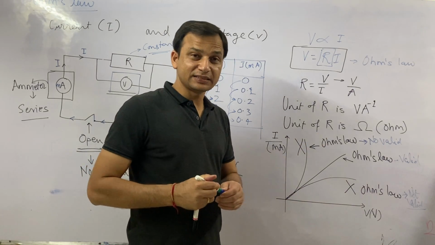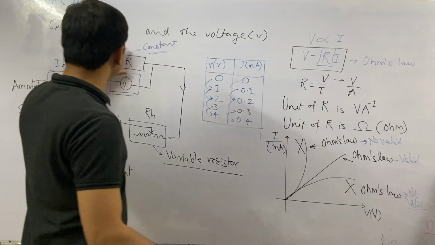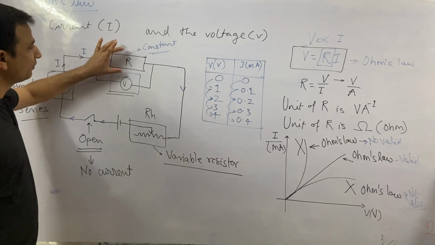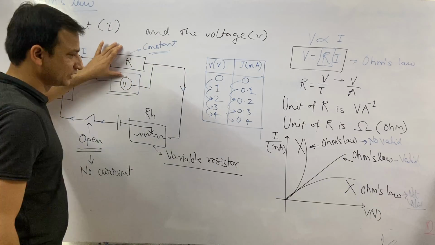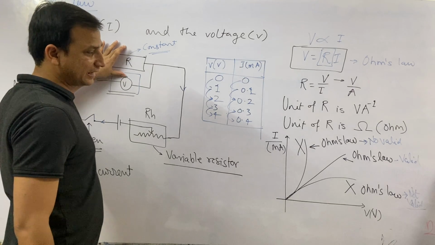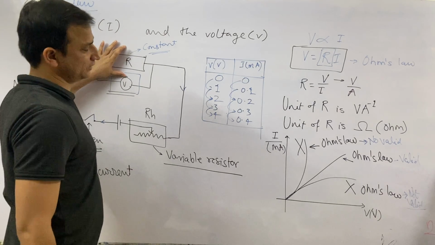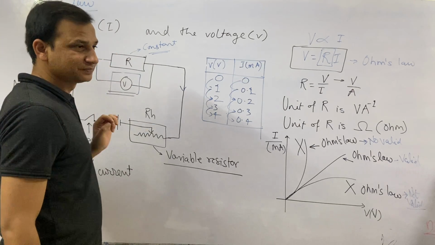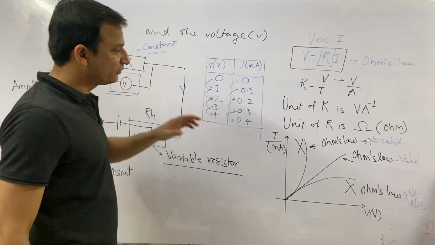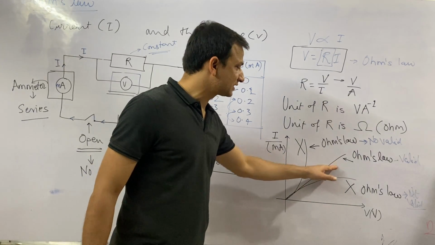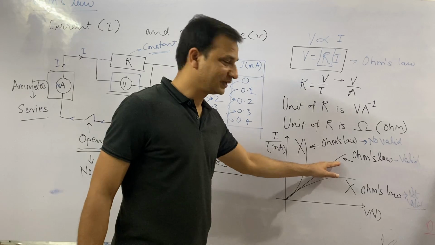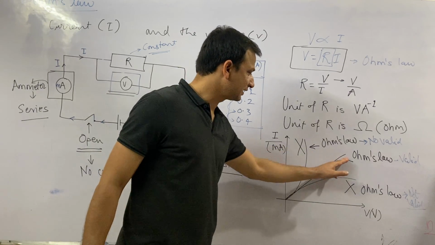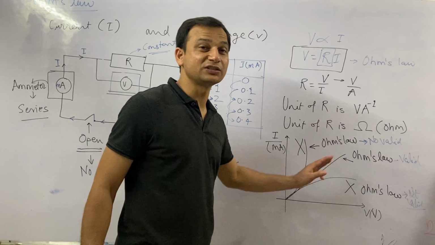In that case, the material across which you are measuring the voltage will be called non-ohmic. And the material which shows this characteristic, that voltage and current are directly proportional, will be called ohmic.